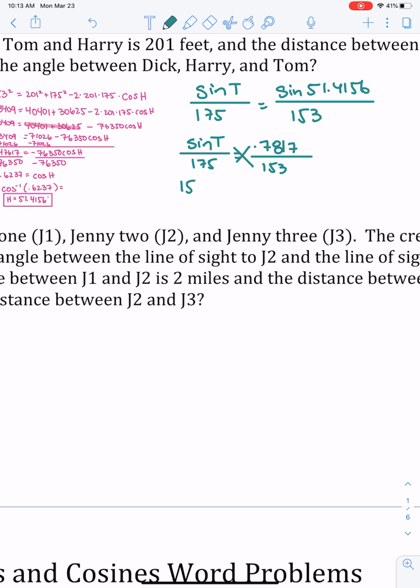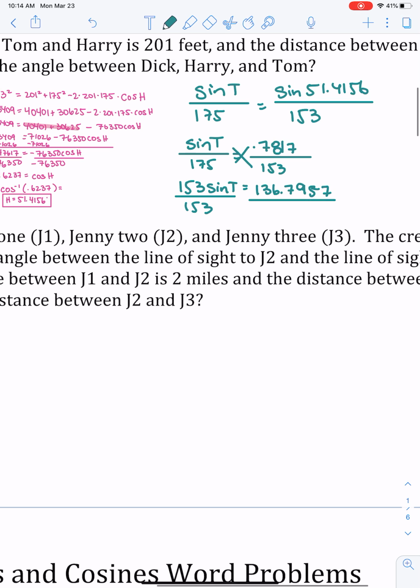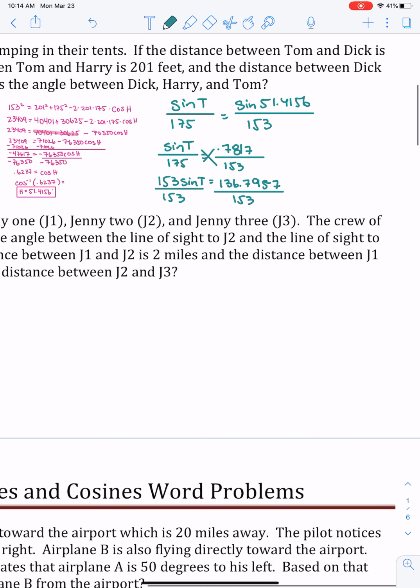And then I can cross multiply. So I have 153 sine t. And then I'm going to take that number and multiply the 175 by 0.7817, and I'm going to get 136.7. Divide both sides by 153. And man, I'm running out of room.